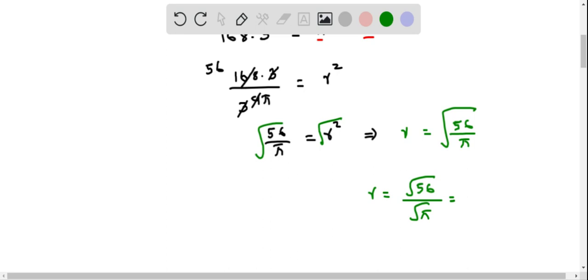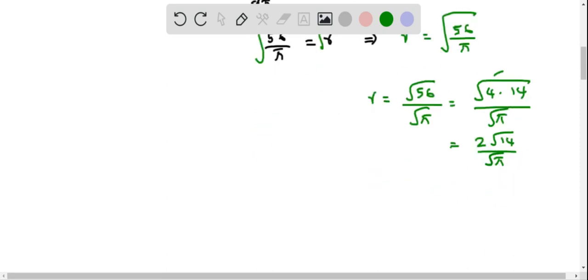And now this 56 inside the square root can be written as 4 times 14. We write this as a product of perfect square so that we can simplify this. And square root of 4, we know that it is 2. So we have 2 root 14 divided by root pi, or otherwise we write this as r equals 2 times root 14.